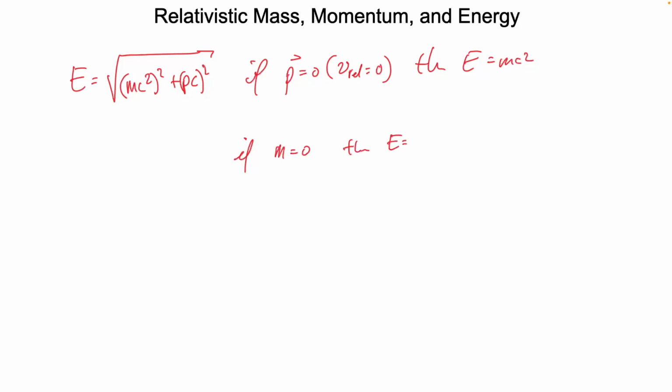Your brain has given up on math because it wants to believe a lie. It's not 0. The mass is 0. According to Albert Einstein, then the energy is pc.